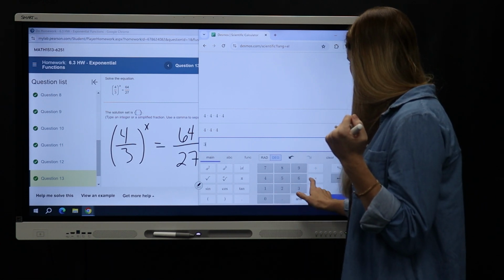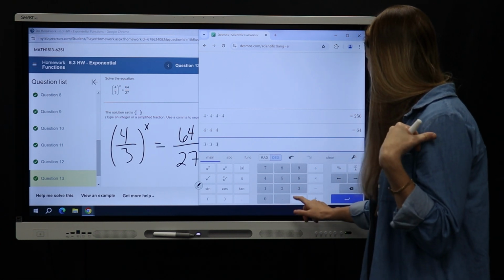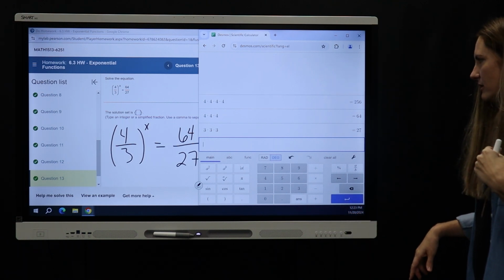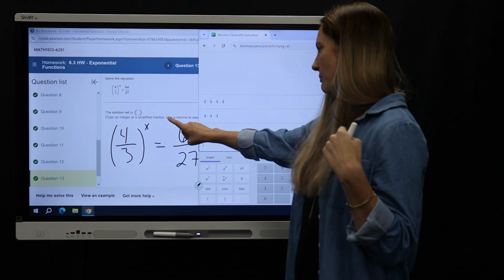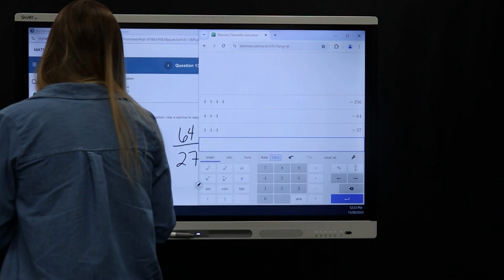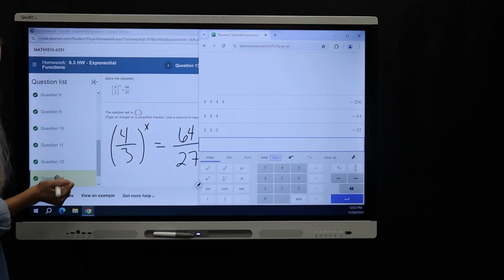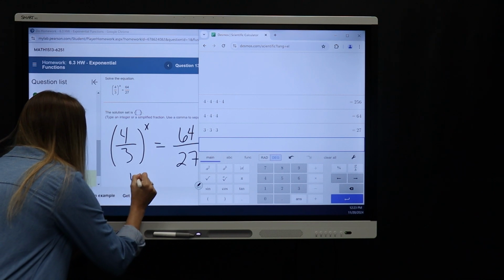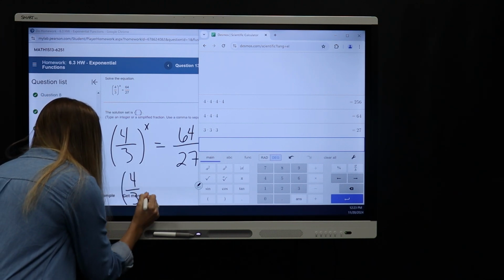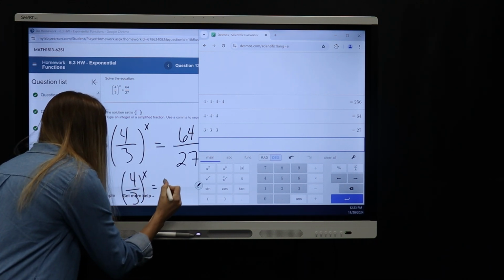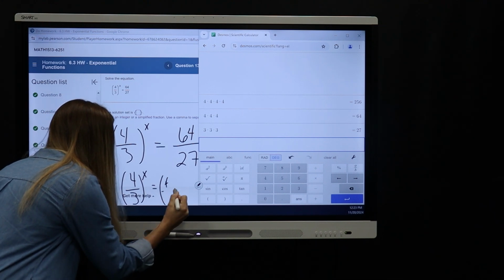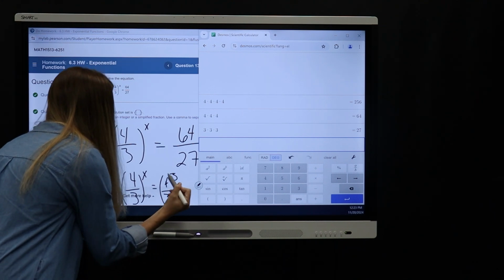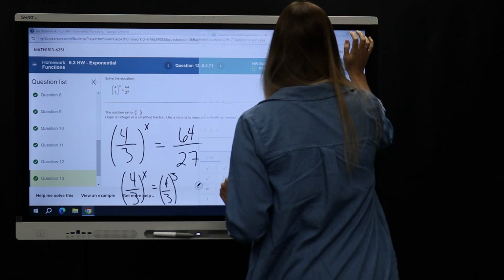And then 3 times 3 times 3 is going to give us that 27. So both of these to the third power is this. So 4 thirds to the third power, which means x equals 3.